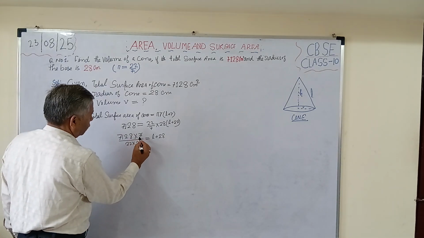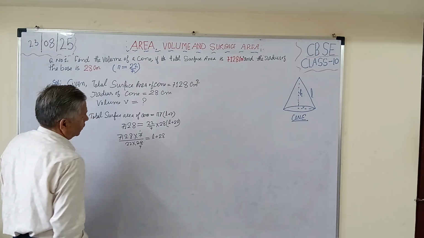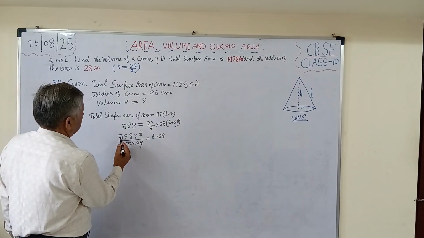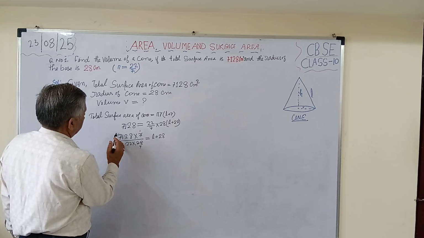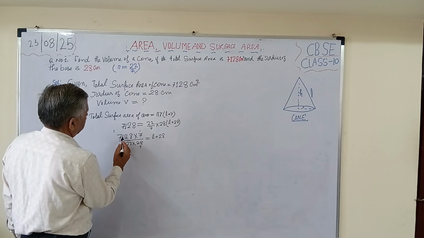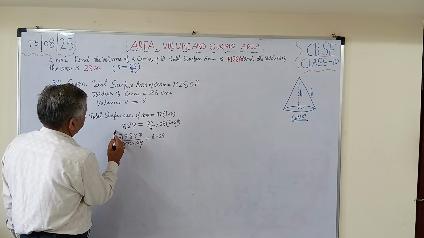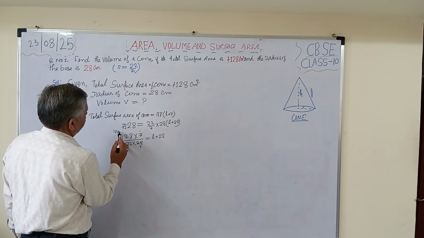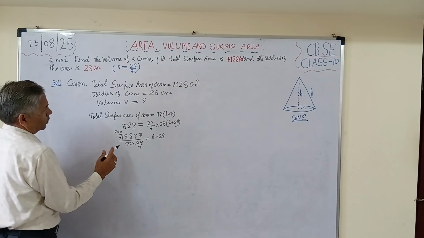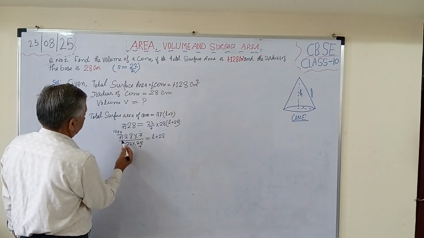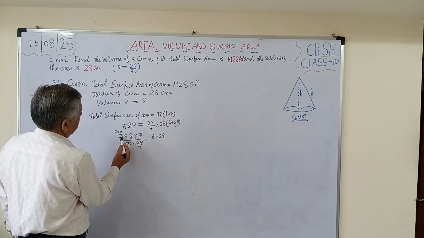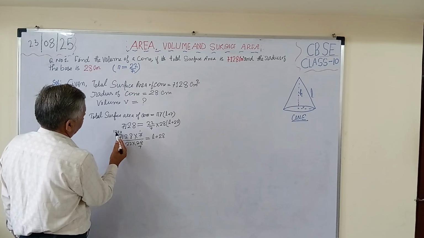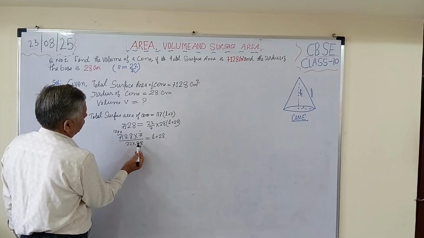So we simplify by cancelling: 7 times 1 is 7, 7 times 4 is 28, and so on. Yes, this 4 cancels, so we divide by 4 and get 1782.